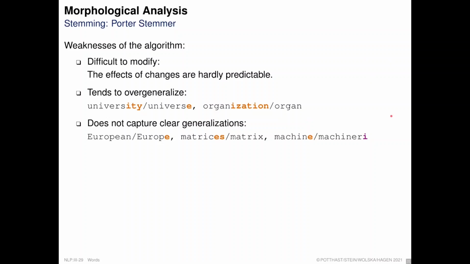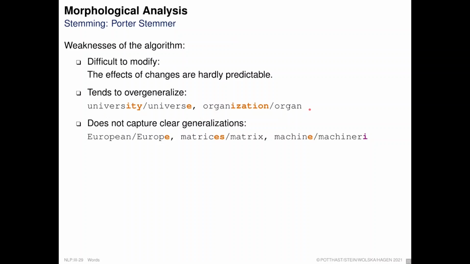I already mentioned some of the weaknesses of this algorithm, the rules, and because this rule set is rather large, there are sets of rules. If you change one rule, as with any rule-based system, it's hard to predict what effect it will have on the remaining rules because the rules are applied in order. We already saw that it overgeneralizes.